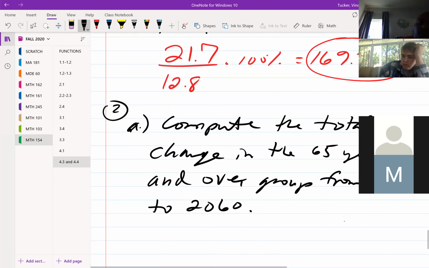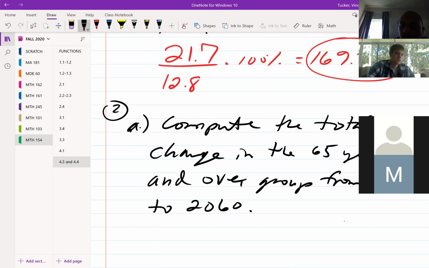All right, so compute the total change in 65 years in overgroup from 2015 to 2060. And of course, they have a table, so you will reference the table. So you go to 2015. Let me see what the table says. 2015, 65 years.